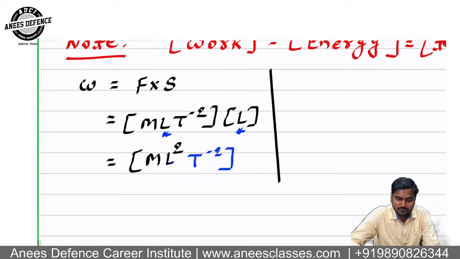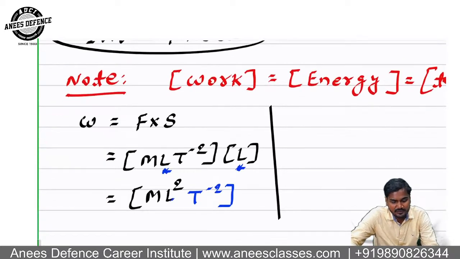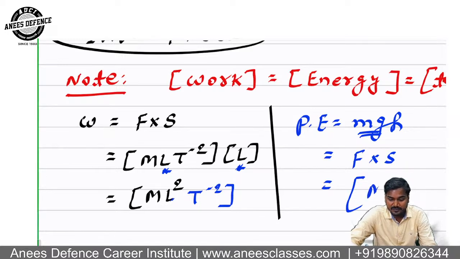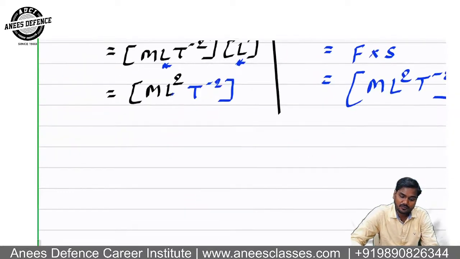Now work done is nothing but energy. You can consider any energy, for example potential energy, which is mgh. Here mg is force and height h is displacement, so the dimension will be the same, M L2 T minus 2.